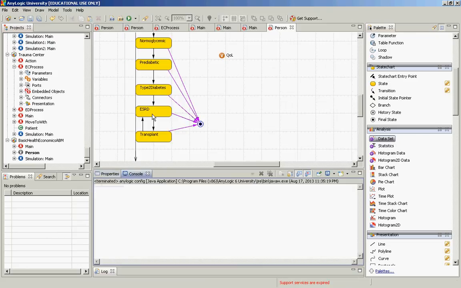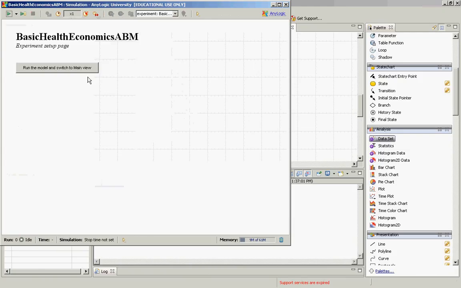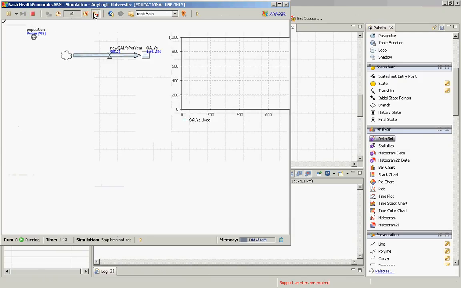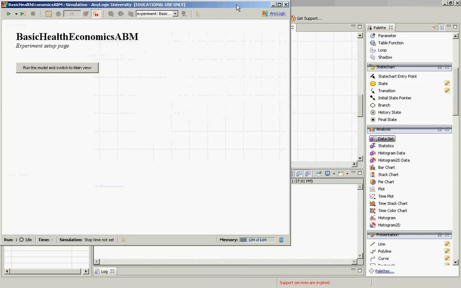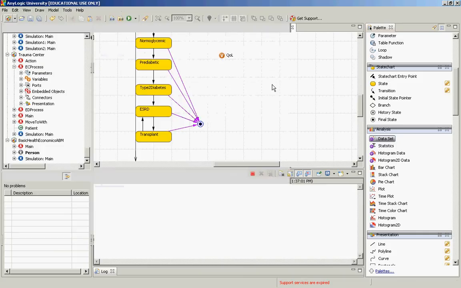I'm going to run this, and now what we'll see is something quite different. The population size, you'll notice, is dropping here, and the graph has established a distinctly curvilinear form to it. Okay, so it asymptoted out.